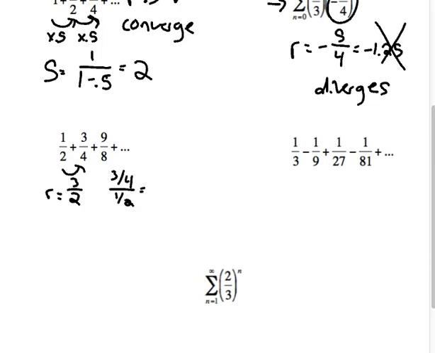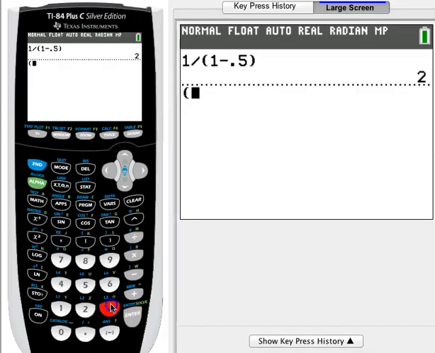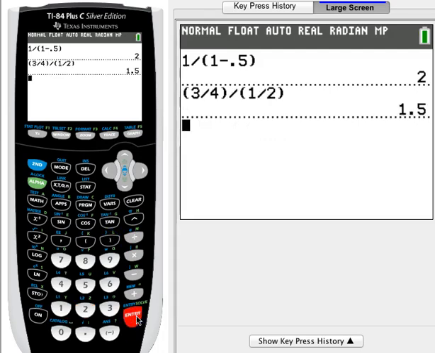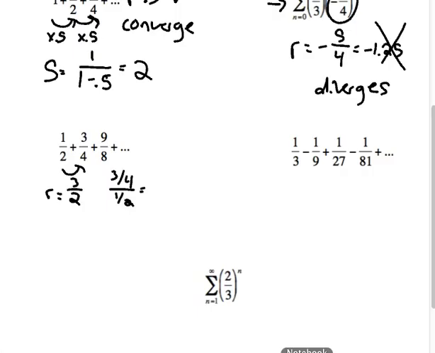So 3/4 divided by 1/2 gives me 1.5, which is the same as I found right here. But if the rate is 1.5, that's too big. It means it's going to diverge and it won't work.